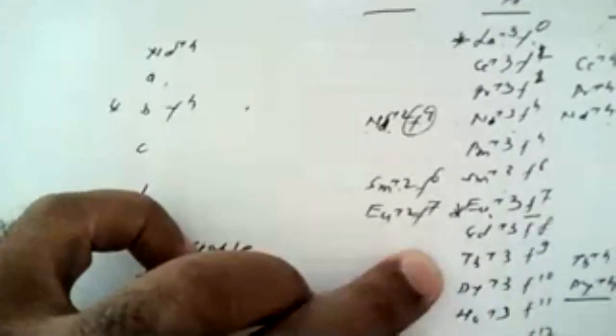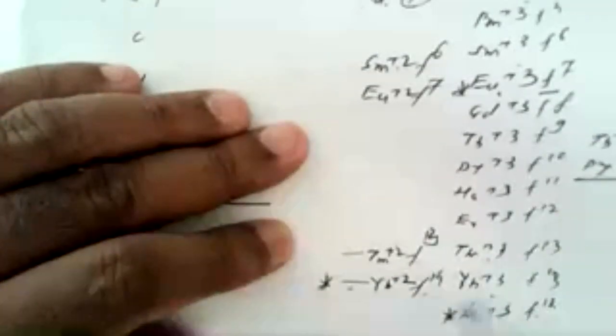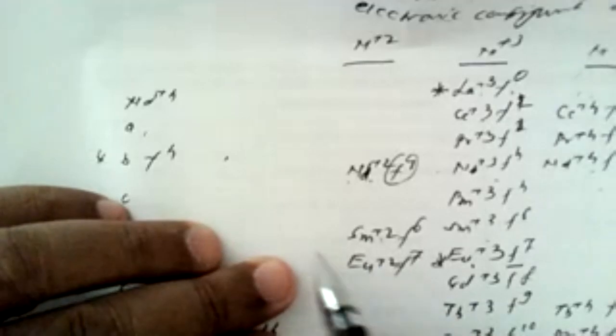Then europium +3 is extra stable because of the f7 configuration. Then here lutetium +3 is extra stable because of f14. Again, amongst lower oxidation states, ytterbium +2 is also extra stable because of the f14 configuration. Then europium +2, again extra stable.